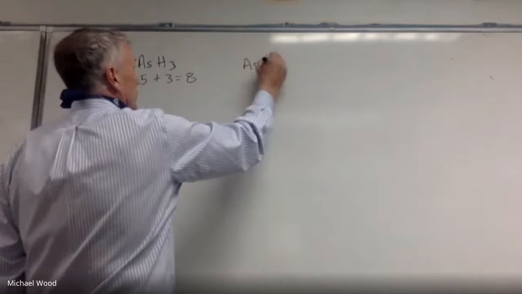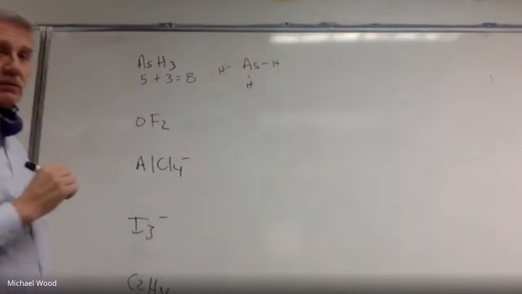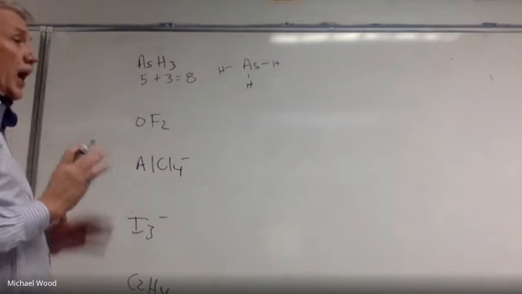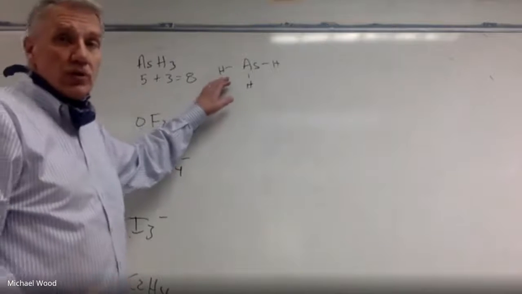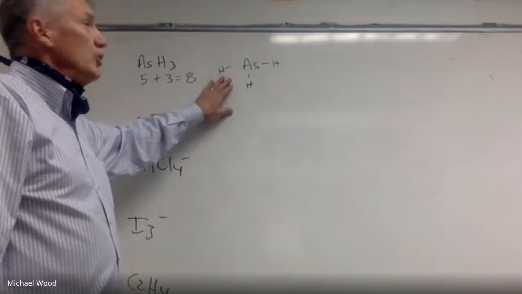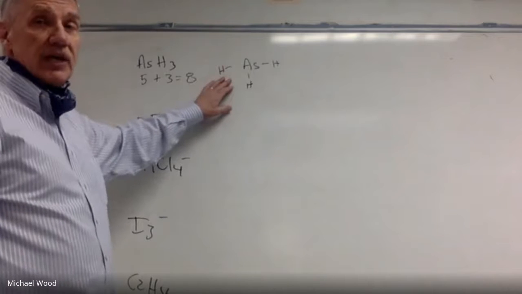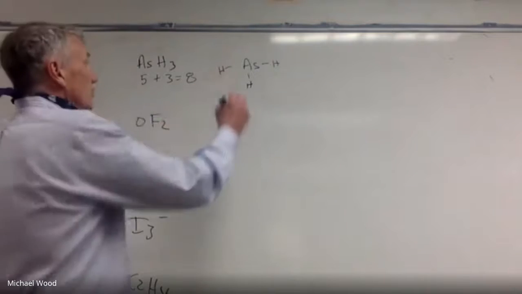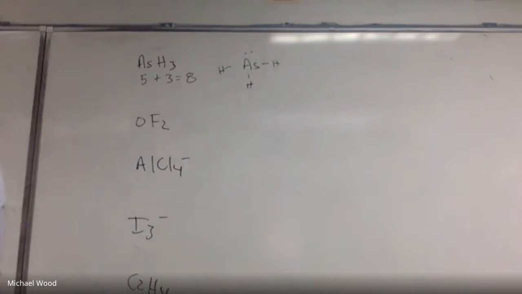Arsenic is connected to the 3 hydrogens like that. Remember, hydrogen is by far the exception we use most often that doesn't have 8 electrons in its outer shell. It has 2, and so it's fine. So if I put arsenic here, there's the dot structure.